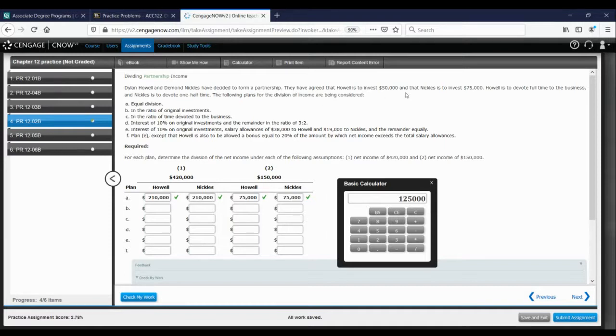Now in part B, they want it in a ratio of the original investments. So once we've determined the total amount of the investment, I'm going to take each partner's share that they contributed and divide it by the total partnership investment. So Howell invested $50,000. I'm going to take $50,000 and divide it by the total partnership investment, which was $125,000.